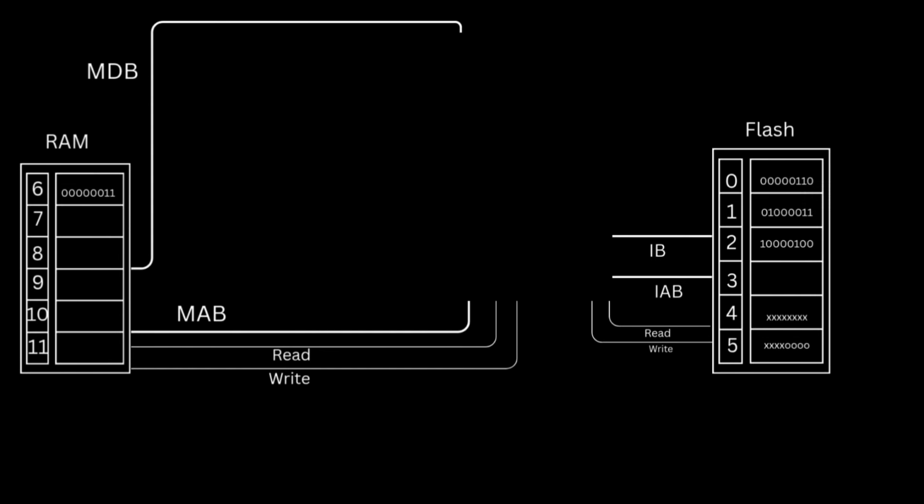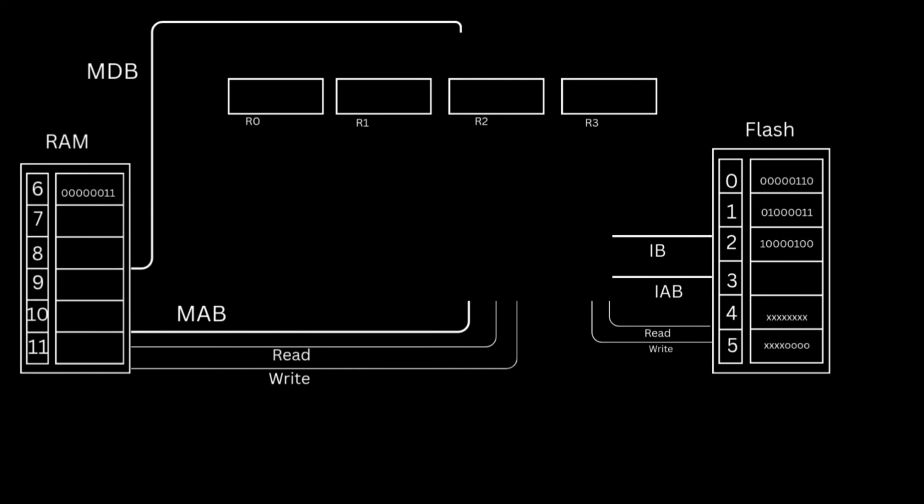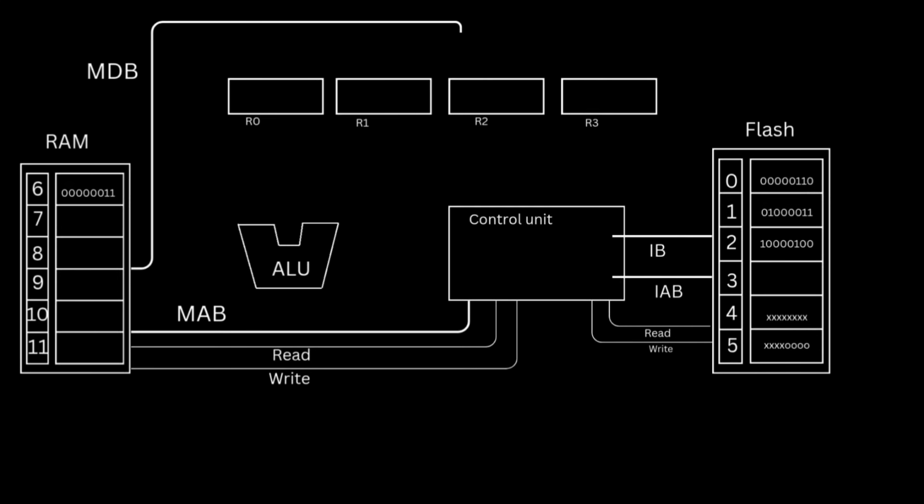Now let's take a look inside the CPU itself. Here we have a set of general-purpose registers that hold temporary data during execution, a control unit that manages the CPU's operation, and an arithmetic and logic unit, or ALU, that performs all arithmetic and logical operations.